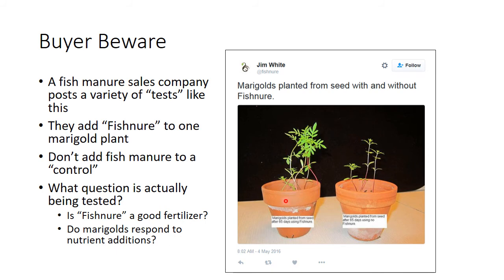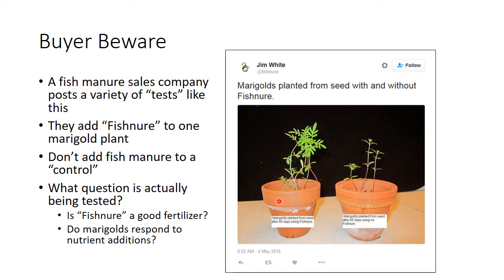And so what he's inferring with this is that fish manure is a good fertility source, which I'm not doubting. But what's really being tested is, does this marigold respond to added nitrogen?